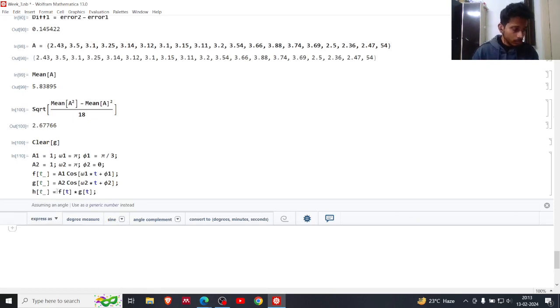But now we defined some variables A1, omega 1, phi 1, A2, omega 2 and phi 2, and then we define some functions f and g. So f is basically A1 cos of omega 1 t plus phi 1, and g is A2 cos of omega 2 t plus phi 2. Now h t is the multiplication of these two, f t and g t.